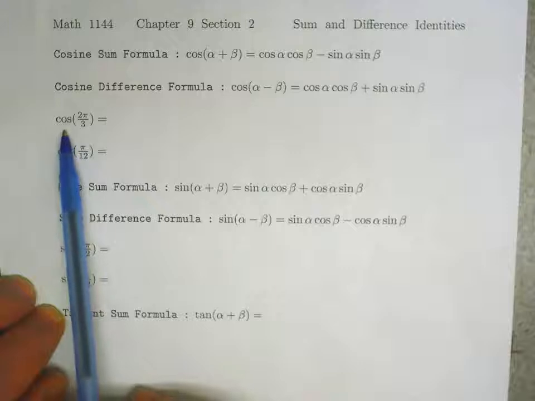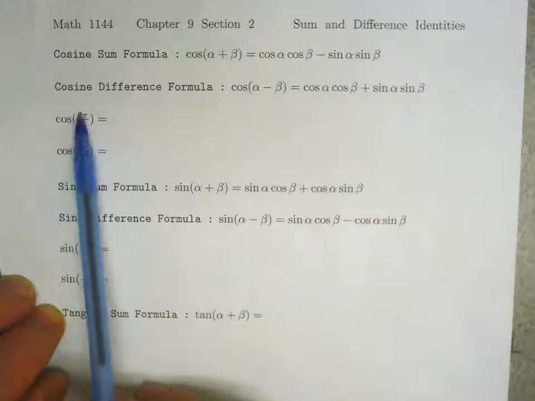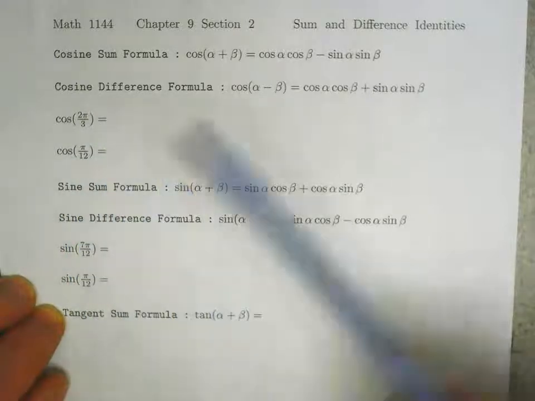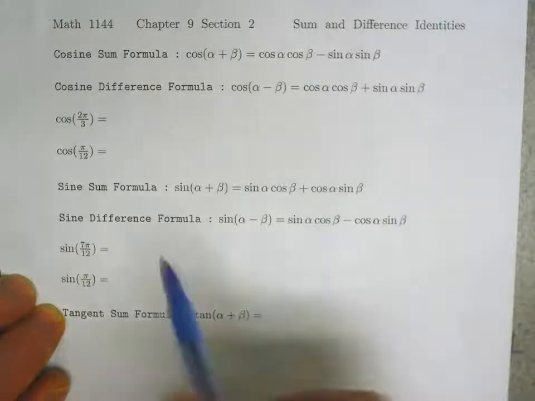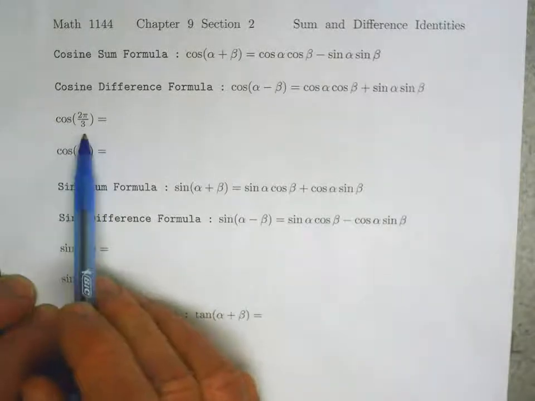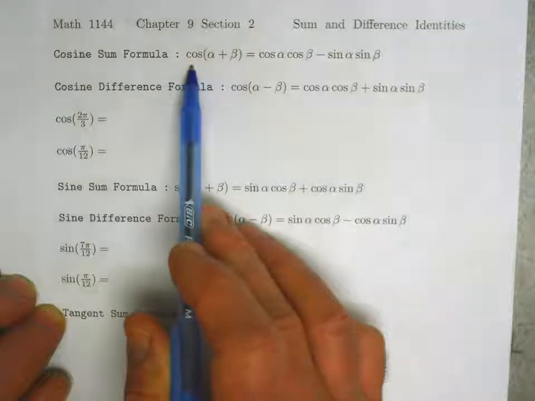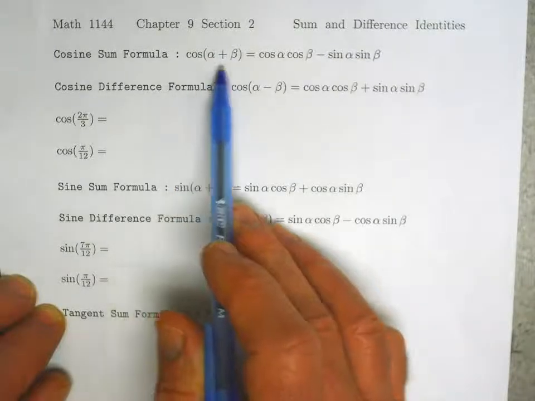And in the second quadrant, cosine is negative. So the value of cosine of 2 pi over 3 is the negative of the cosine of pi over 3, or negative 1/2. But I'm going to use this as an example to demonstrate the cosine sum formula.